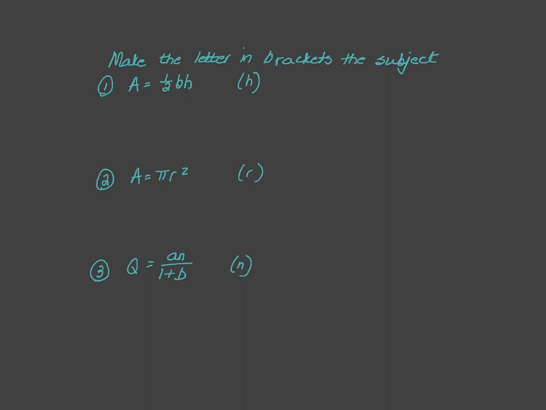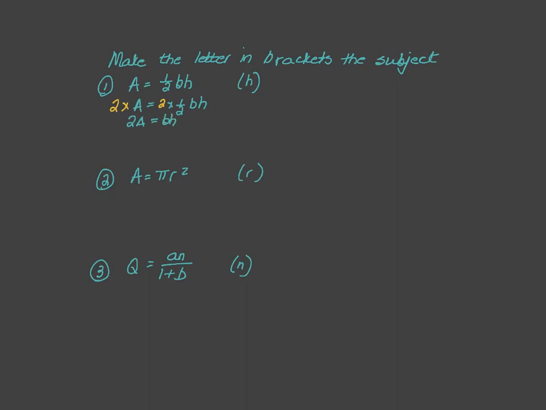A is equal to 1/2 BH. If I want to get H by itself, I must get rid of the half and the B. I'm going to multiply both sides by 2 to get rid of the half. On the left-hand side, 2 times A is equal to, on the right-hand side, 2 times 1/2 BH. 2 times A is 2A. 2 times 1/2 is 1 BH.